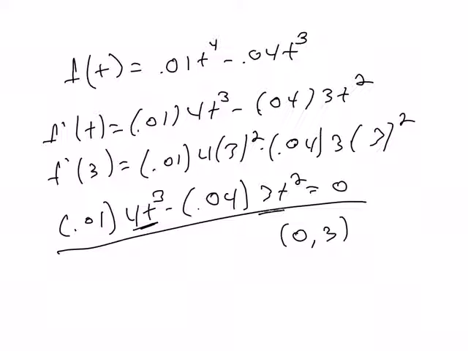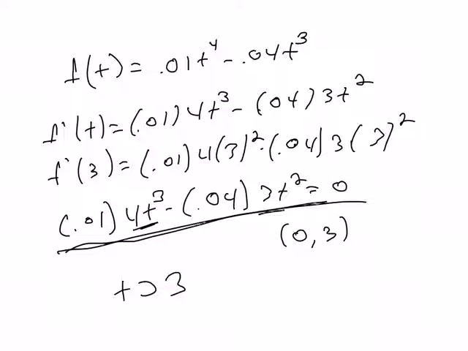So again, this is every time that this is greater than 0, and just looking at this, that's going to be if t is greater than 3. Otherwise, it's negative. So if 3 is greater than t, this is moving in the negative direction.